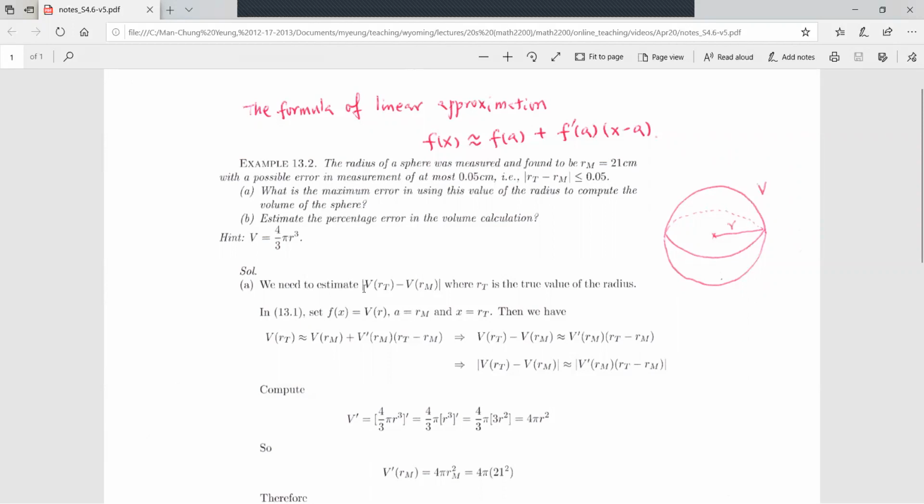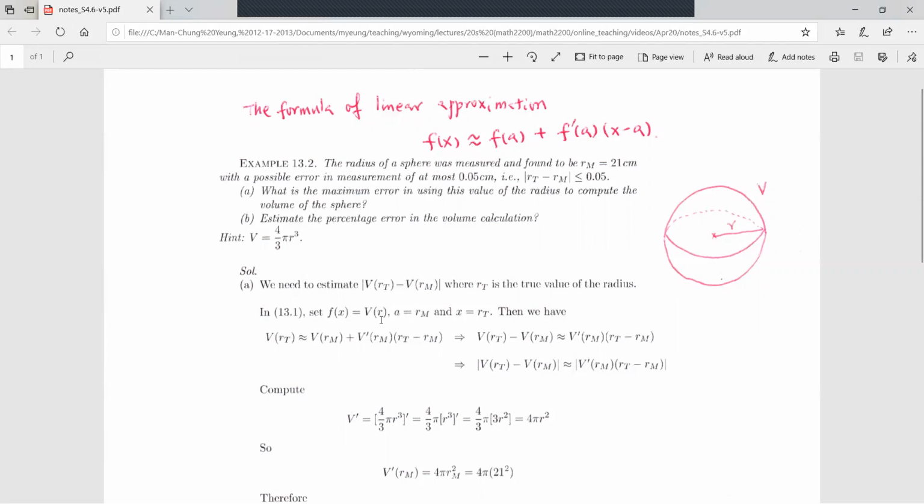Now, let me answer question A. We need to estimate this quantity, the absolute value of the difference between the exact volume and the volume computed by the measured value of the radius 21. I use the linear approximation formula to estimate this quantity. In this formula, we need to determine function f and the point x and the point a.